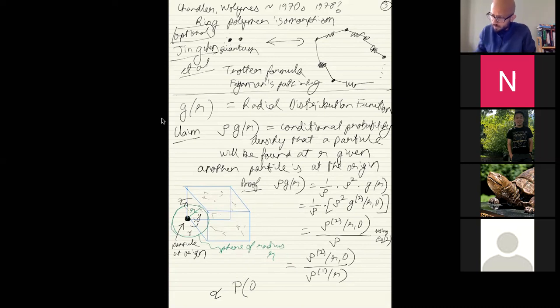So this is proportional to the probability of finding a molecule at origin and a molecule at R. And the denominator is proportional to finding a molecule at position R. We are talking about isotropic fluids. So this is the same as P of 0 comma R divided by P of 0, because it doesn't matter which R you take. And if you recall Bayes' theorem, this is nothing but the conditional probability of finding a molecule at position R given that you have another molecule at position 0.